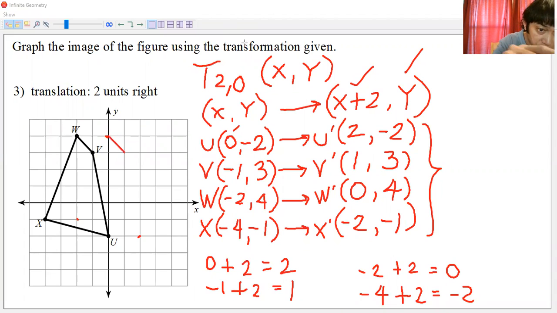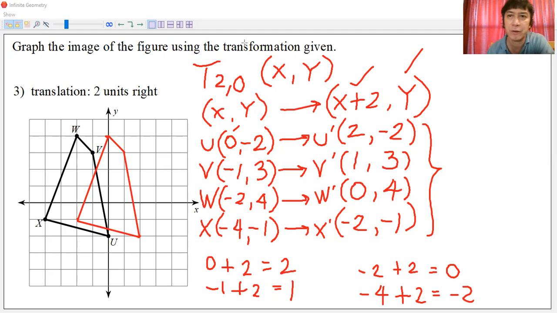Must be this, and then going down there, and then from here going up, and then from here going there. Let me do a little adjustment. Okay, that should be it. That's the translated figure. 2 units right. All points will move to the right. That will be translation.